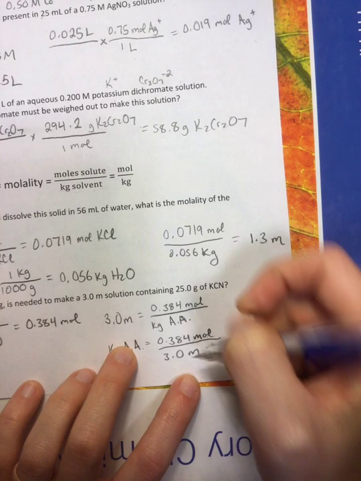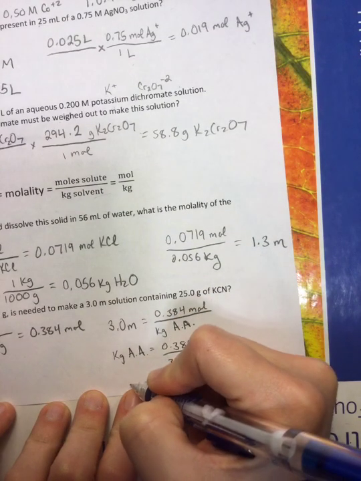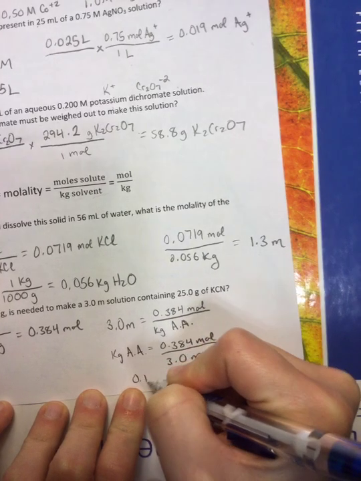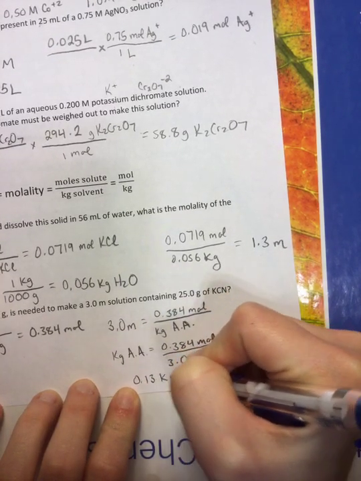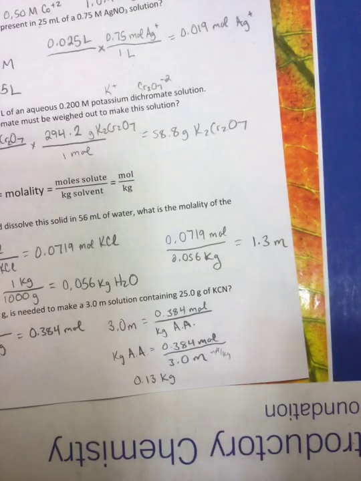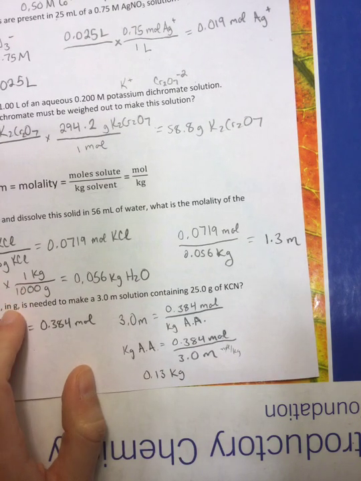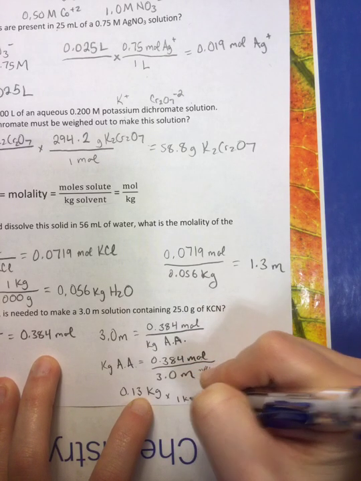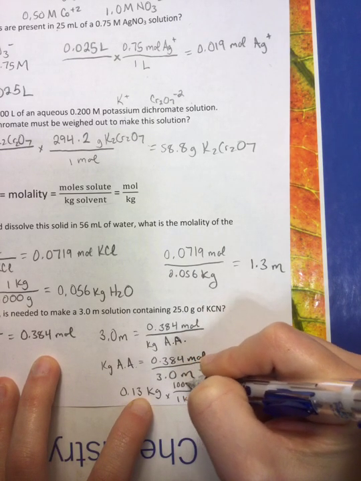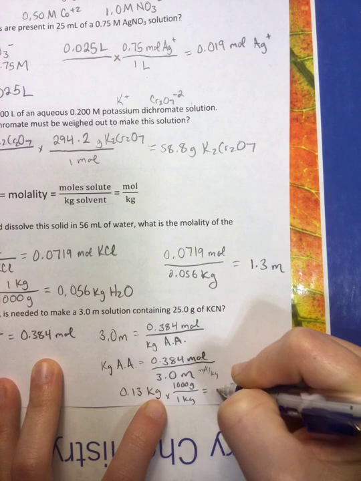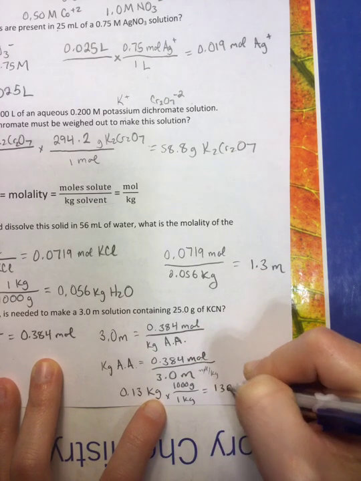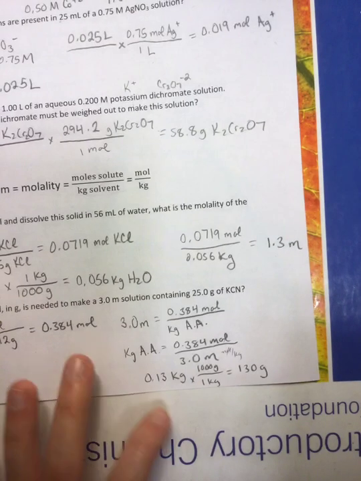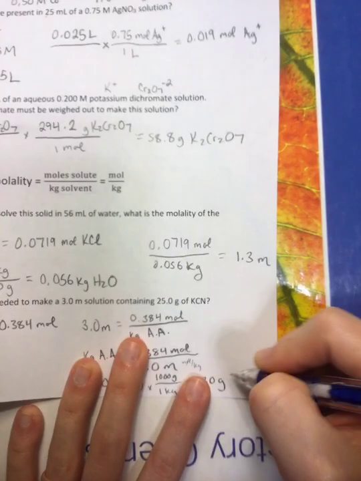So moles cancel with moles, and we end up getting 0.13 kilograms, which I then need to convert to grams because it specifically says in grams up here, okay? So kilograms times 1,000 grams per 1 kilogram, and I get 130 grams of acetic acid as my answer.